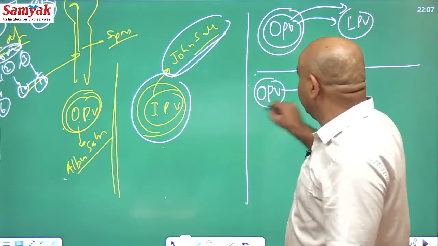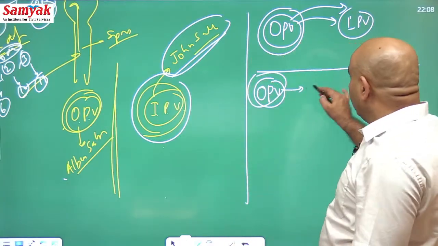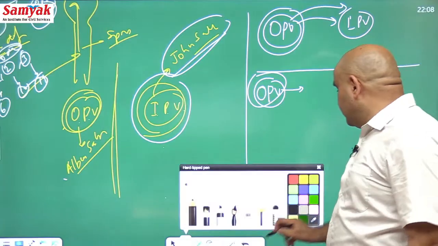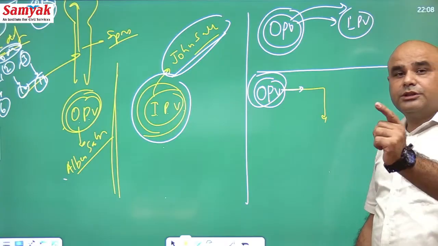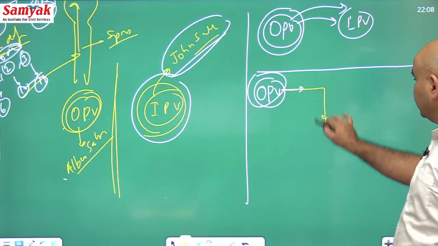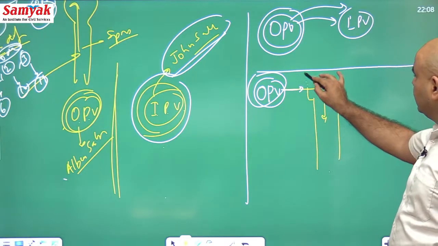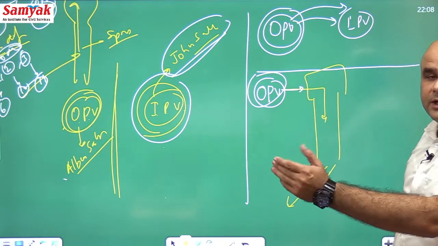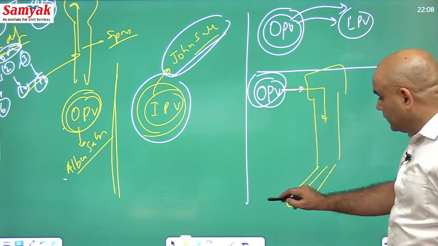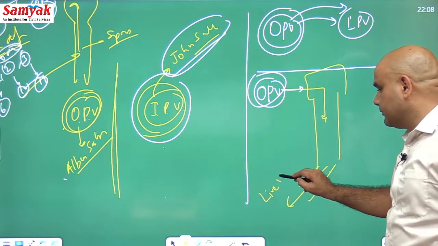So that was OPV. Now we came to know about one more thing, that when OPV enters your system, because it is not inactivated, it will come out with your fecal matter, or with your excreta, as live virus.